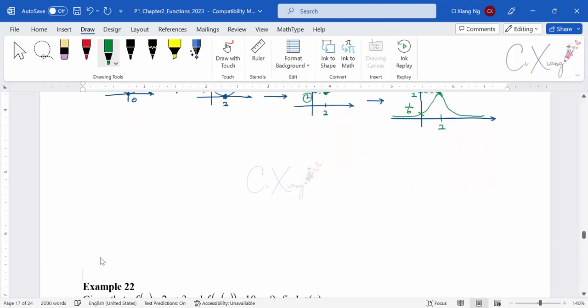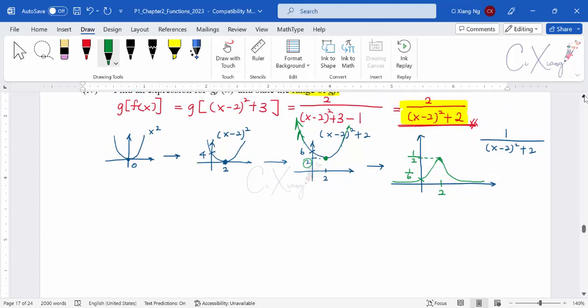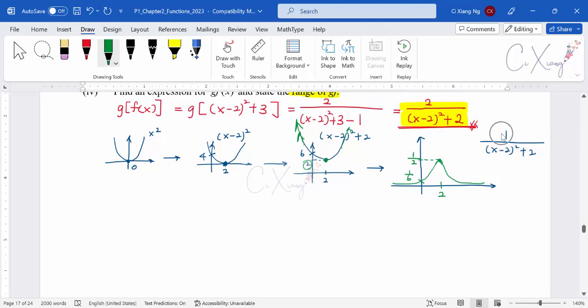Okay, then for the last graph, the composite function, I need to multiply the whole curve by 2. Now I want to sketch the diagram for 2 over (x minus 2) squared plus 2.